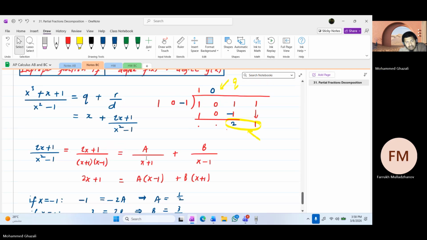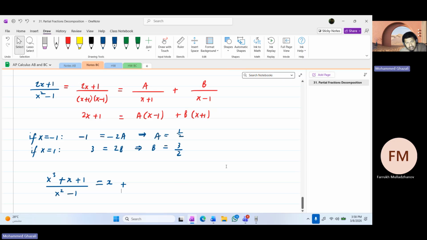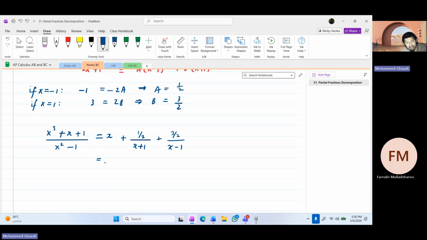Half. Value of a is half over x plus 1. Plus 3 over 2 over x minus 1. If you want to write it in a better form, it's going to be x plus 1 over 2 into x plus 1 plus 3 over 2 into x minus 1.